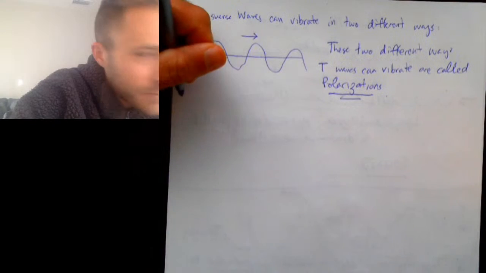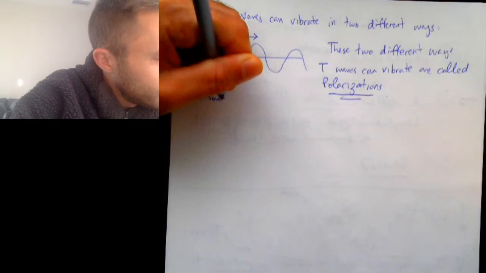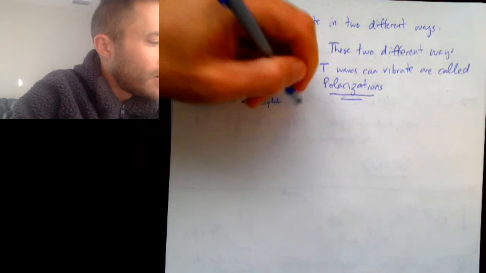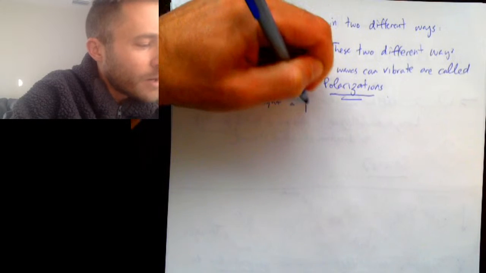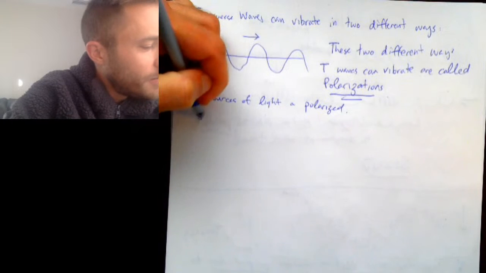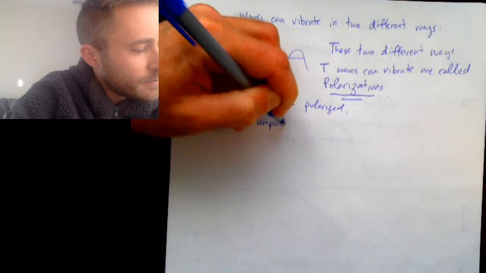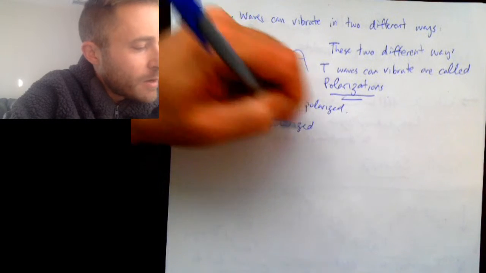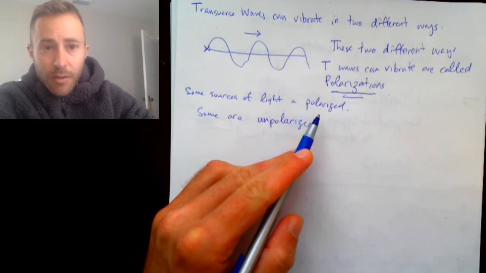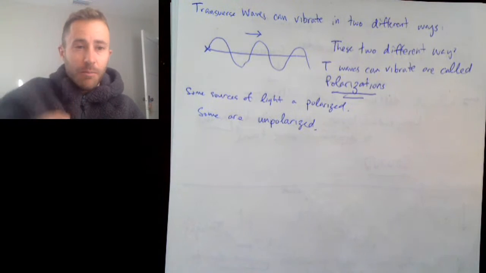Some sources of light are polarized. Some are what we would call unpolarized. So to be polarized means that all of the waves that are being emitted have the same polarization.